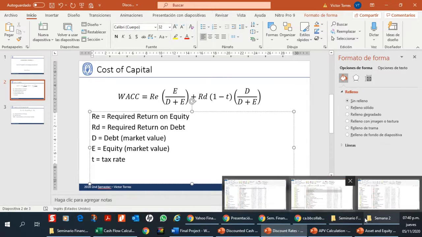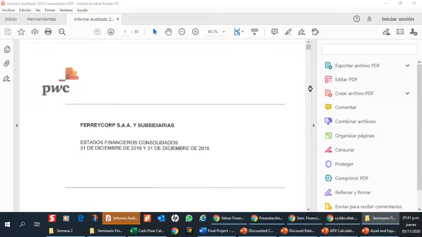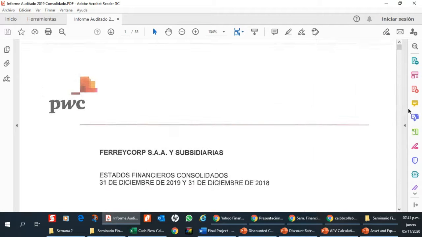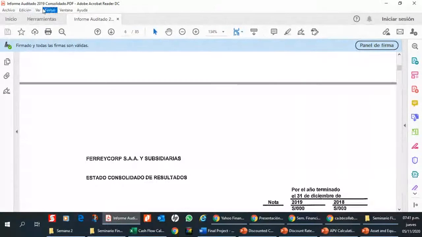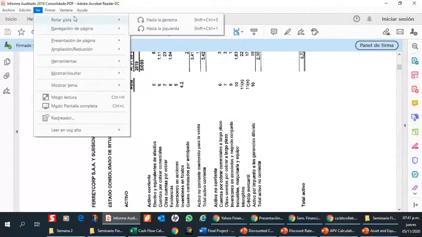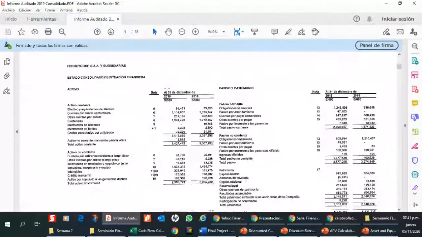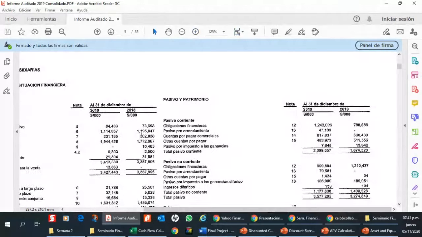So if we go to the case that we have been analyzing so far, Ferrycorp, you do have some information and you can try to estimate their financial obligations. Let me just tweak the balance sheet a bit. There's some information on the liability side: we have all the financial obligations right here.